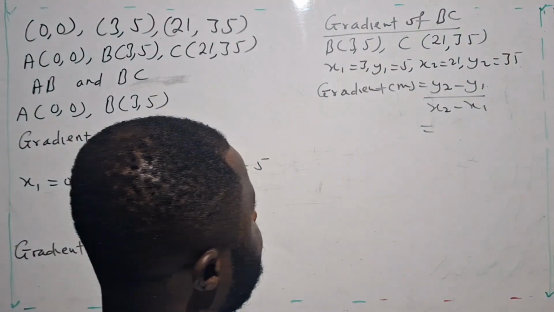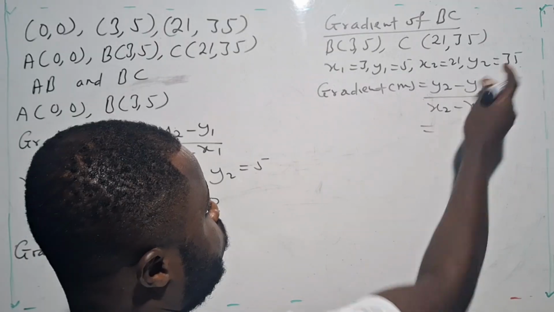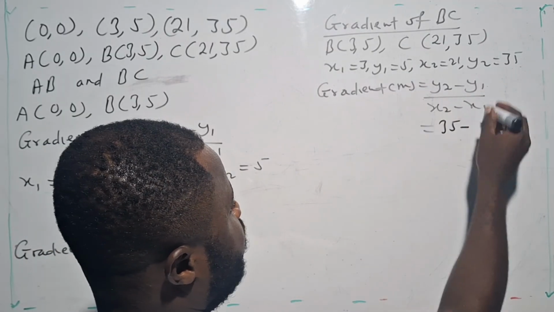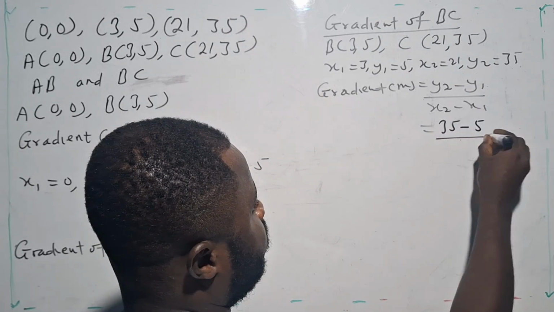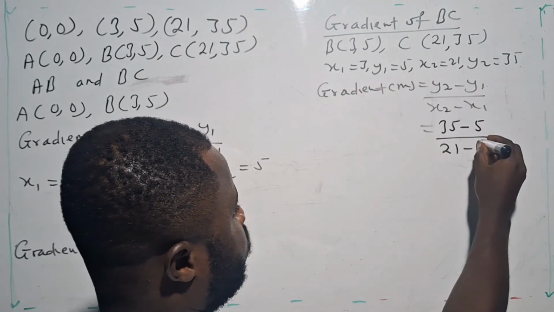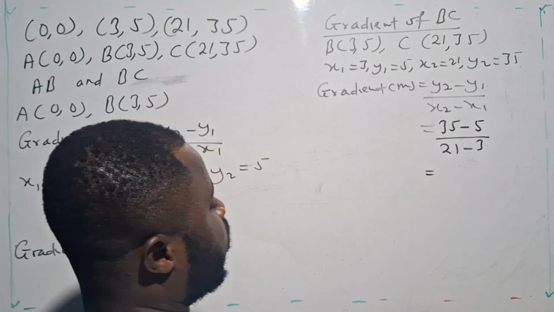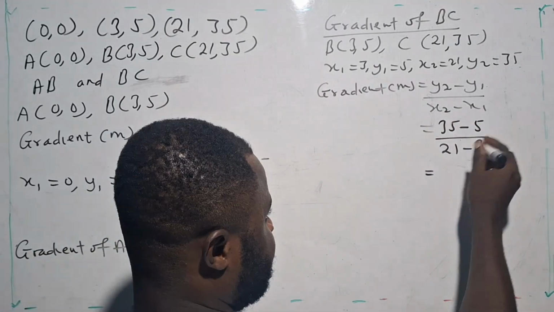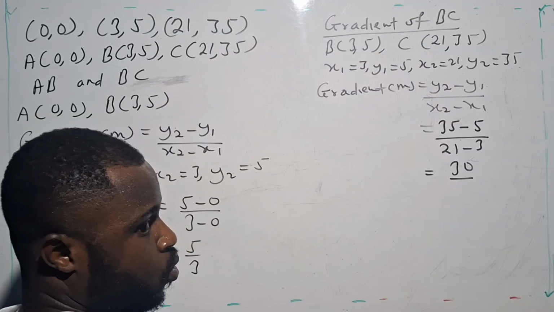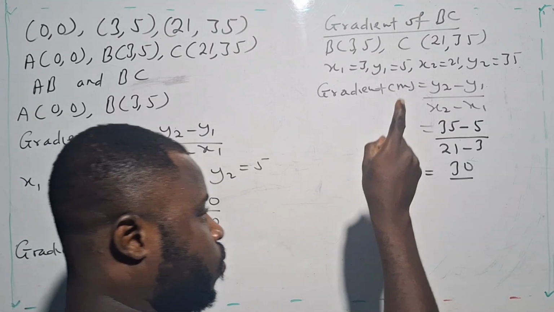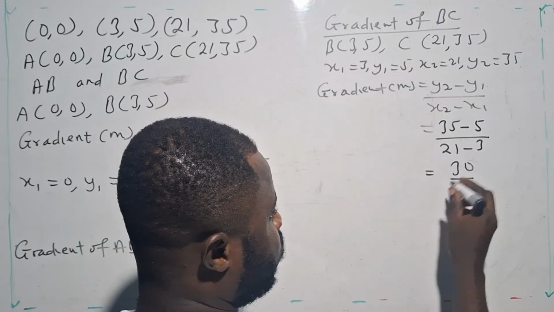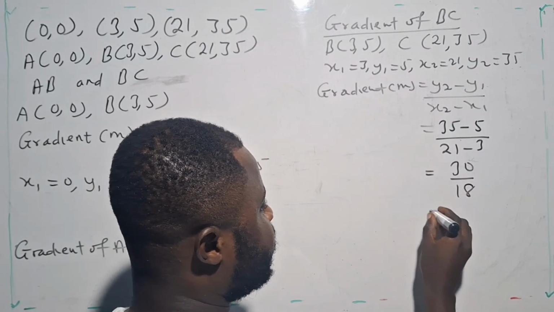So follow closely. What's our y2? 35. Then our y1 is 5. Our x2 is 21 minus x1, which is 3. Now 35 minus 5 will give us 30, and 21 minus 3 is going to give us 18.